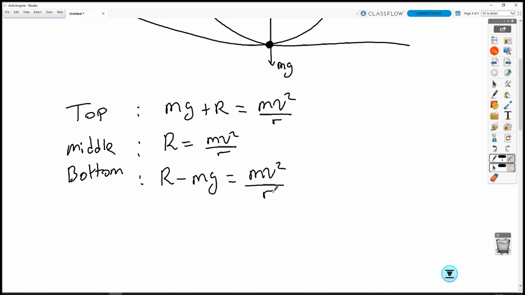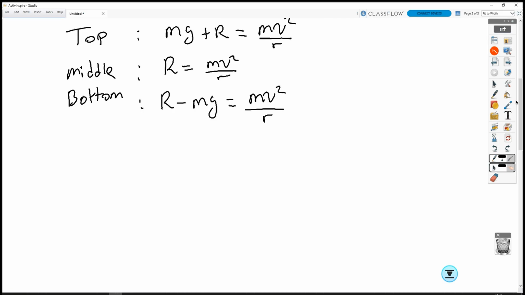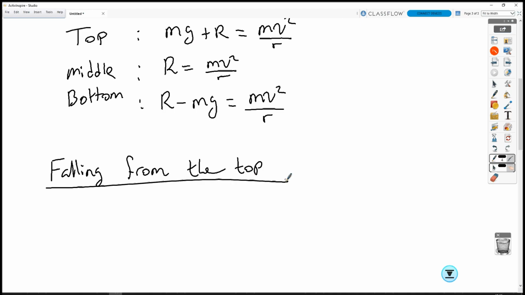Now clearly, again, in this situation, whether you successfully go around the loop or not is going to depend on how fast you're going. So let's say we're not going fast enough, and we reach the top and we fall. If we fall, it means we're not touching the track anymore at the top.